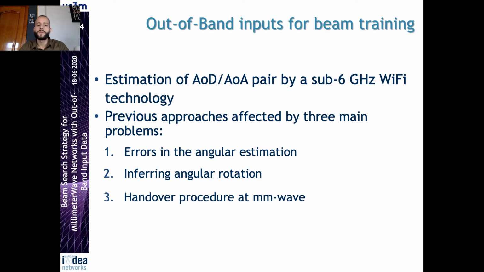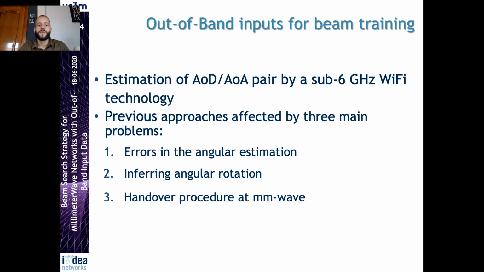And for this problem, what we propose is to investigate a sub-6 gigahertz technology that can provide distance estimation, such as, for instance, the new protocol Fine Timing Measurement provided by the standard 802.11mc.